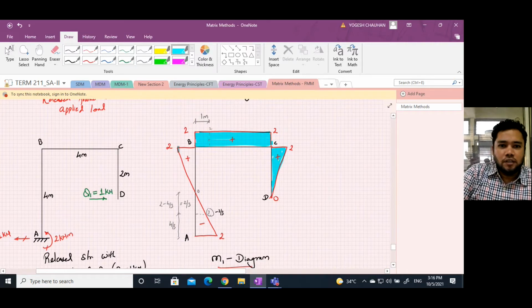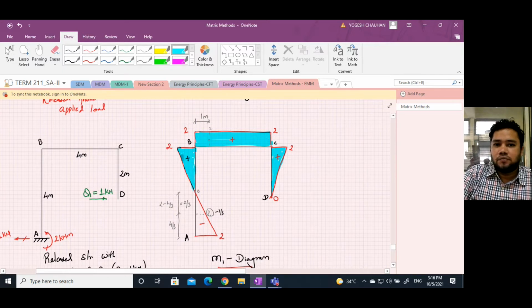Okay. And here you have to take this triangle, that is 1 by 2, base is 2 meter, height is 2 meter, and its ordinate at h by 3, means at 2 by 3.